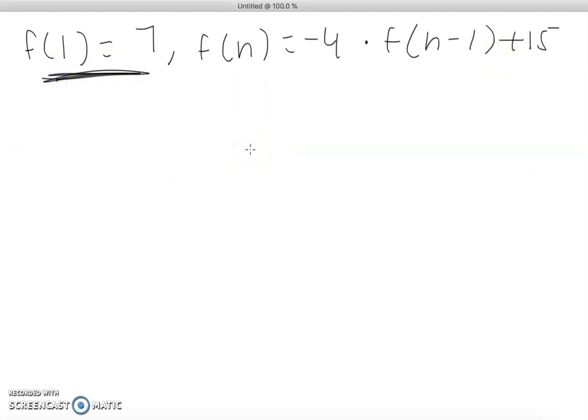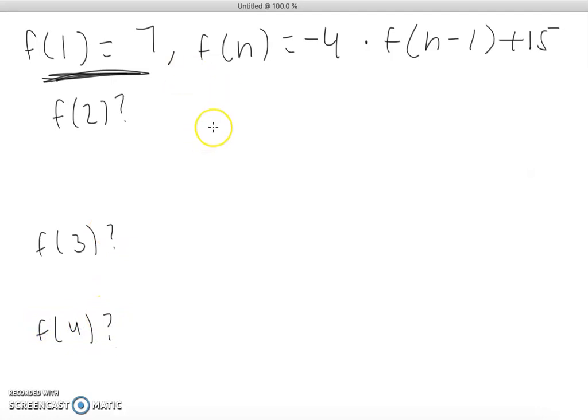This is the recursive rule, if you didn't notice, so it is dependent on the previous term. If you don't know the first term, then you literally cannot solve for any other terms. Okay, so now they want us to find f of 2, f of 3, and f of 4.